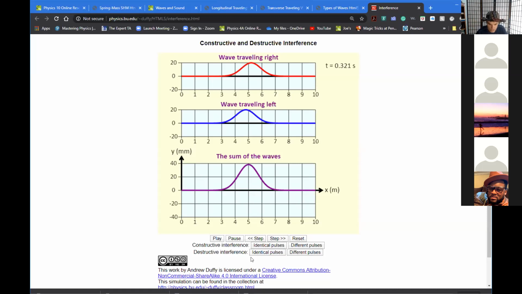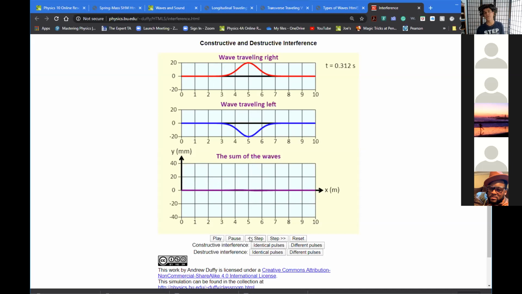So let's do the other one, identical pulses, destructive interference. In destructive interference, when one wave is peaking, the other wave is at a minimum. So they're at the same place at the same time, but in a sense, they're like mirror images of each other. So now if I let this go, can I step back?